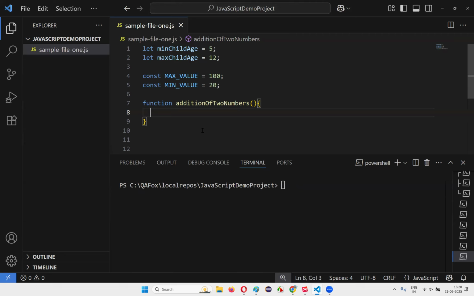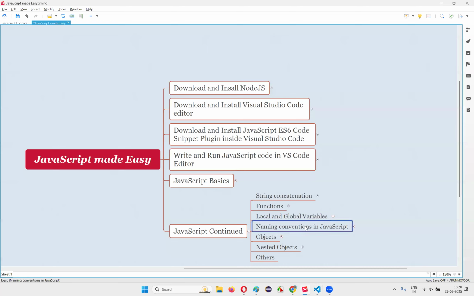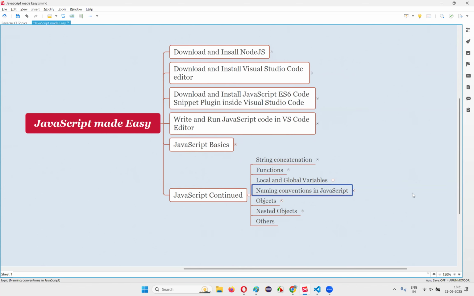We also will follow. So hope guys you got some idea what exactly is naming convention. It will not result in any errors, but whenever someone is writing using this naming convention, the other people who are looking at your code will not get irritated, guys. Okay, so that's what is naming convention.